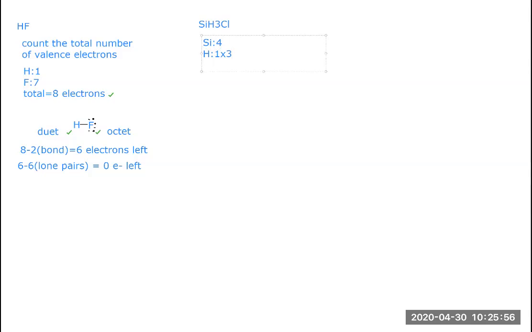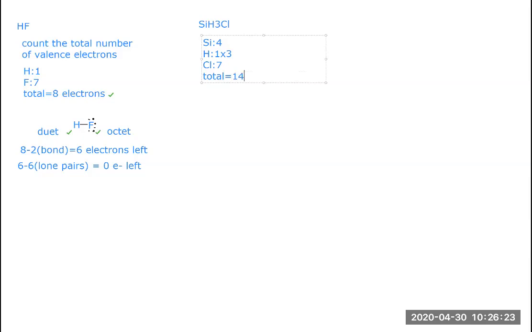Next, we have chlorine. Chlorine is in group... So tell me, what is the number of valence electrons for chlorine? Yes, 7. So we have a total of, let's see, 4 plus 3, it's 7. 7 plus 7 is 14.